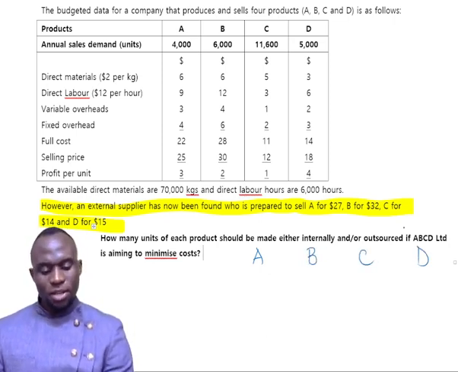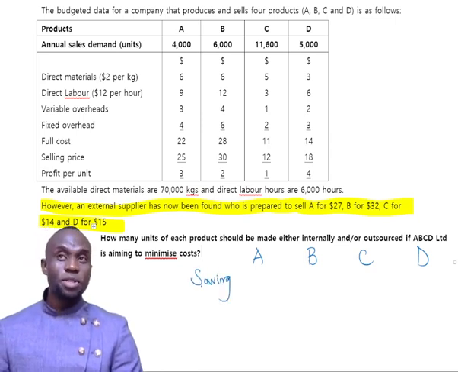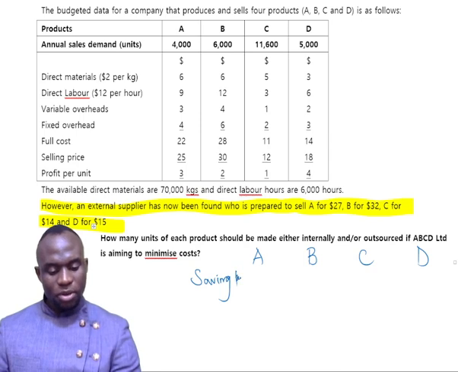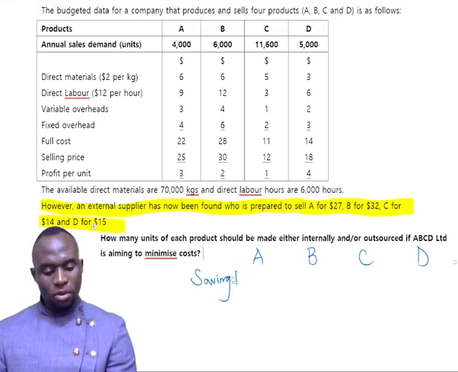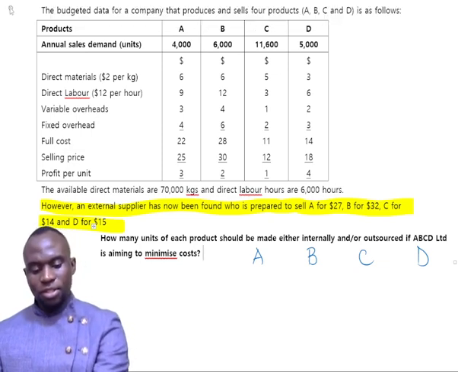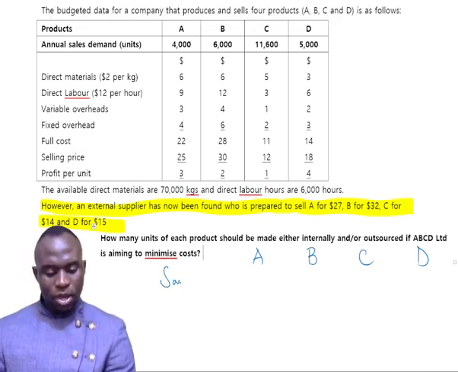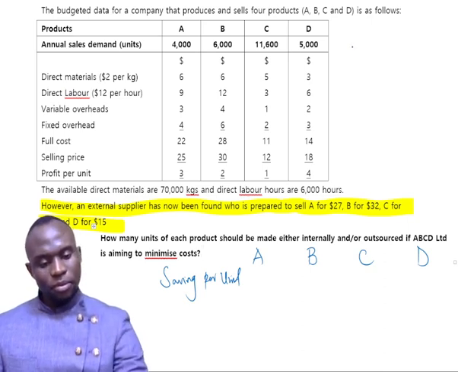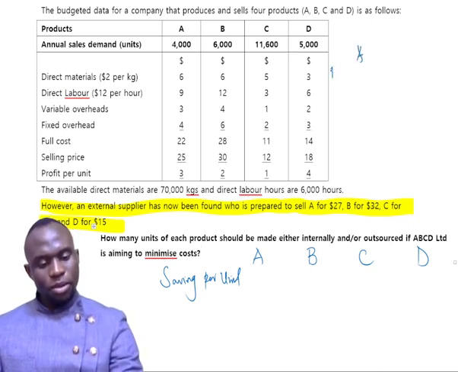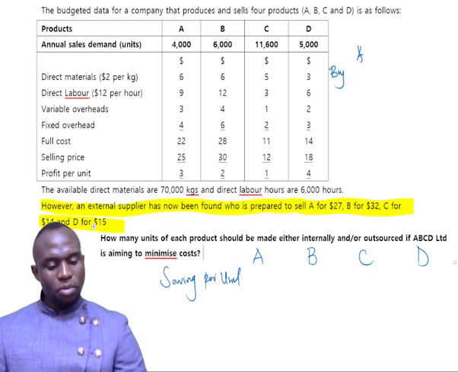So what is the saving? And we said, okay, so what is saving per unit? What is the saving per unit of product A, product B, and product C? So here I'm putting saving per unit. Now you see, if we buy product A, we buy it at 27.